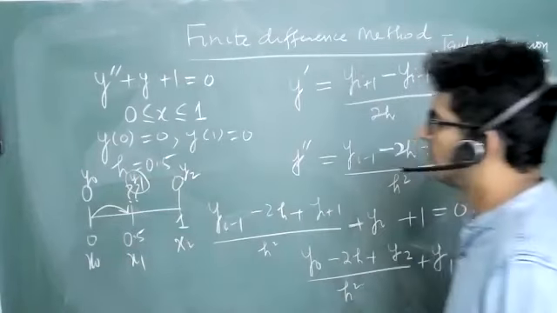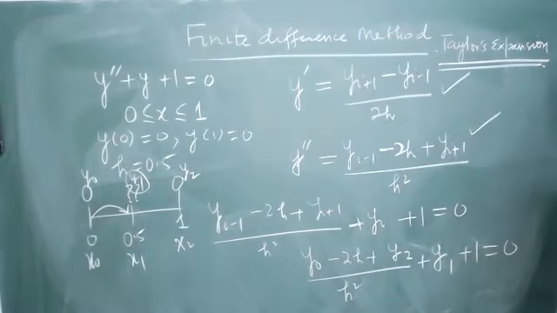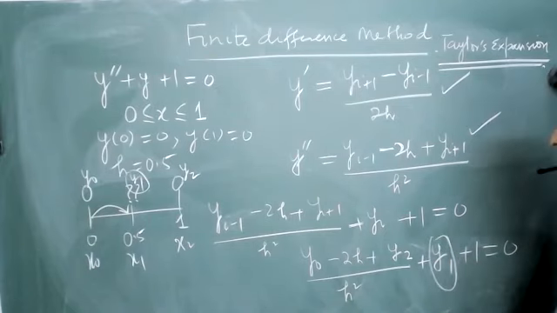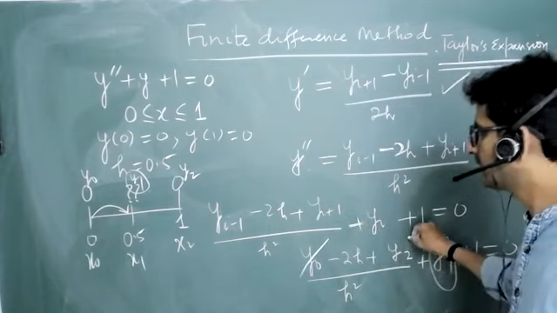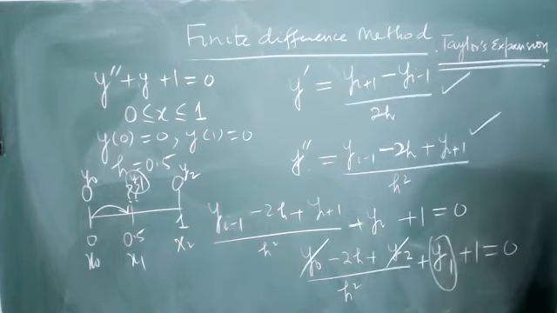What is that value? y1. You can see y0 is 0, y2 is also 0 according to the boundary condition. So tell me what is the value of y1 quickly. Sir, 3. 2 by h minus 1.